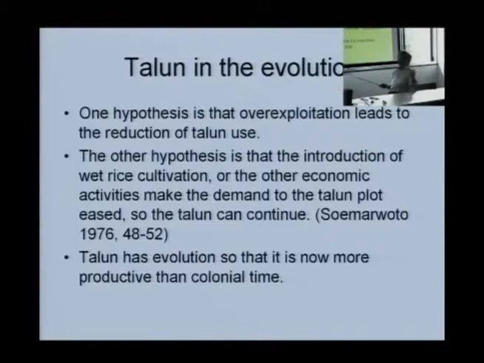Tarun is a practice of swidden agriculture, as I said. So swidden agriculture usually cannot support so many people. In West Java, on the other hand, so many people live.